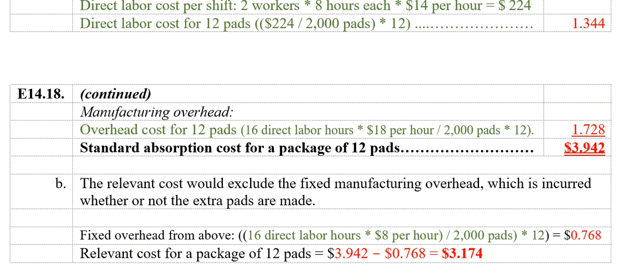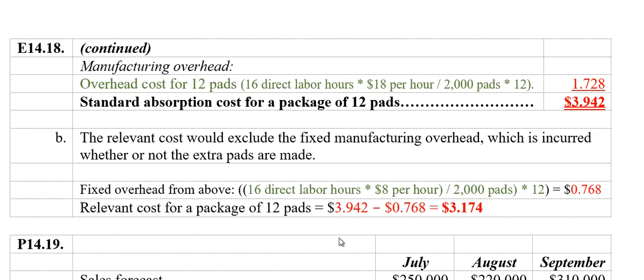So what we're going to do here is take out that portion of the cost of product that is in fact fixed. So if we take the 16 direct labor hours times $8, which is a fixed amount, and divide by those 2,000 pads times 12, we get this amount.